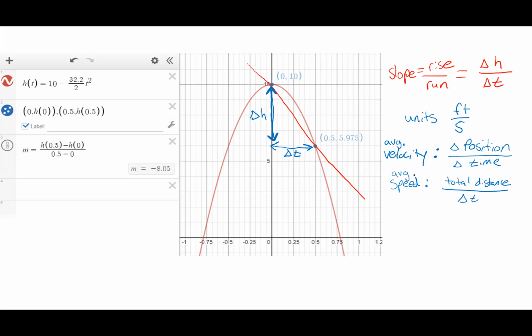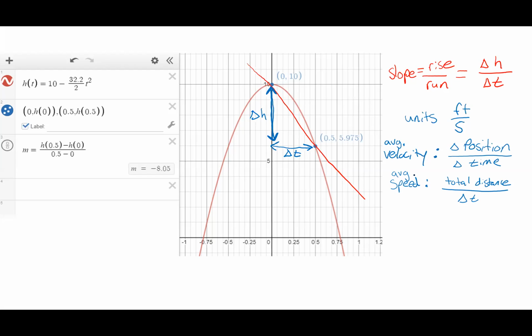So the difference is, say if I died in Kalamazoo, Michigan, which is where I was born, my average velocity over my whole lifespan would be 0 feet per second, because my change in displacement over my whole lifespan would be 0. I will say miles, maybe, if we're gonna be precise.